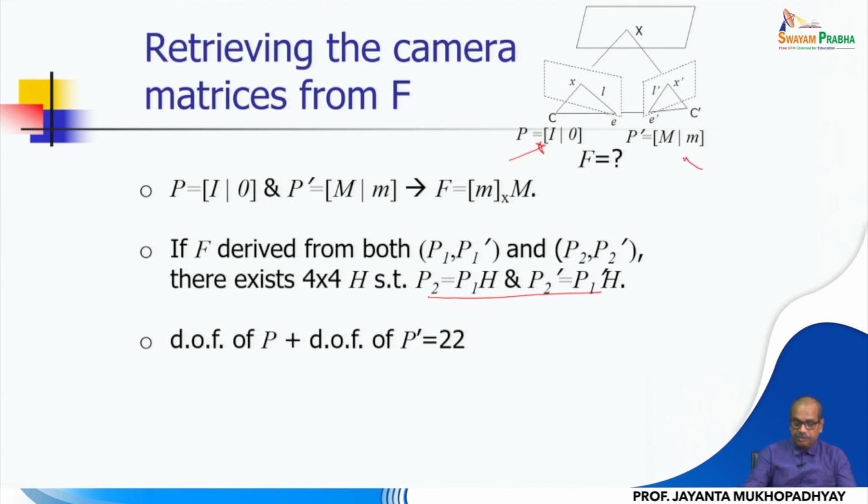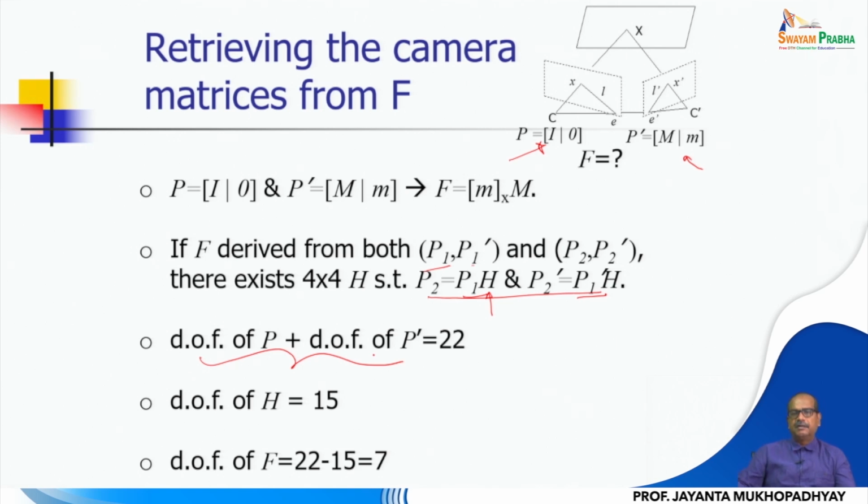So considering these two, the total number of degrees of freedom is 22, and since both P H and P prime H are equivalently representing the fundamental matrix, and H is a homography, a 4 cross 4 matrix, there are 16 elements, but since it is a projective element, there are only 15 independent parameters. So with this constraint, we can subtract that 15. Degrees of freedom of H is 15, and so the number of degrees of freedom of F is 7, which gives me the same answer as we discussed earlier.